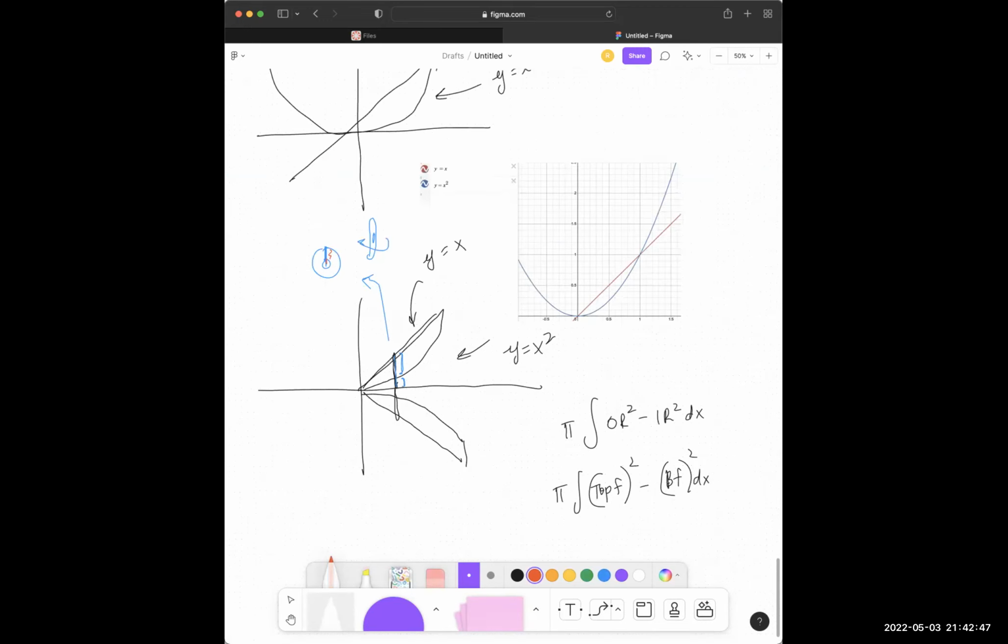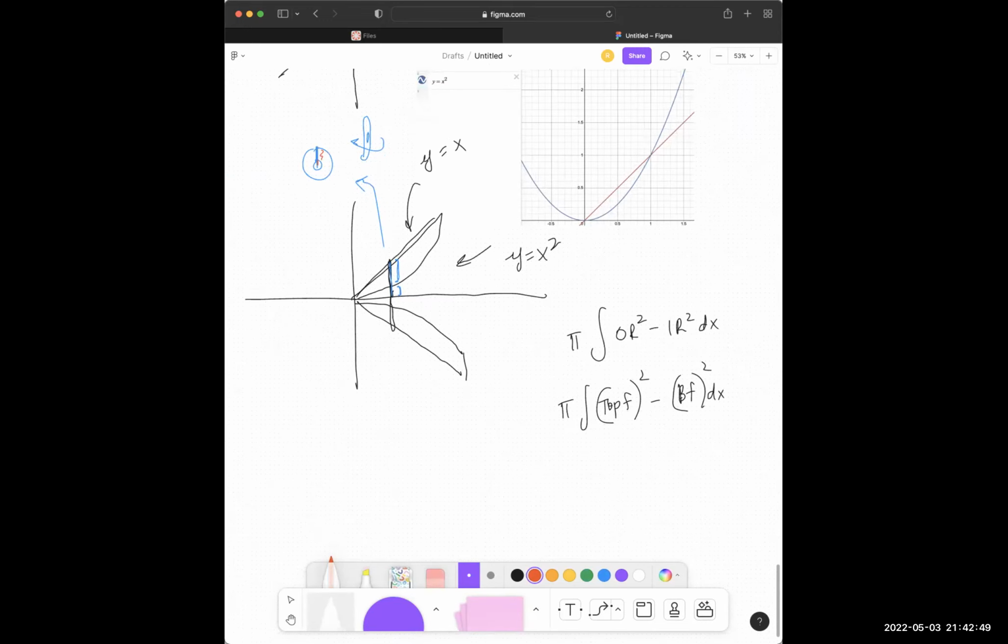And so along these lines of top function minus bottom function, the idea is to say, okay, I'm going to do pi, and then I'm going to take the top function, which is x. I'm going to square it, and I'm going to subtract off the bottom function, which is x squared. But remember, the bottom function is squared.